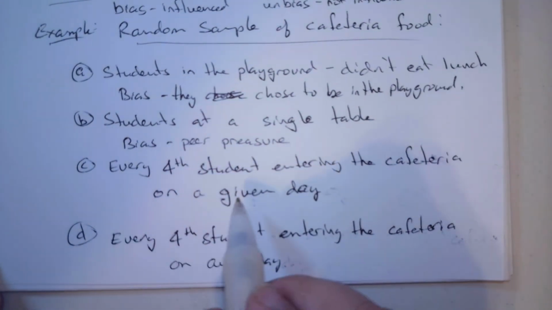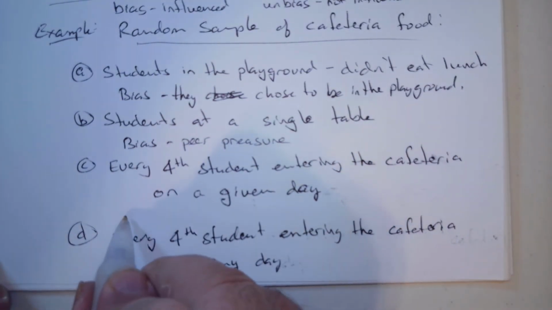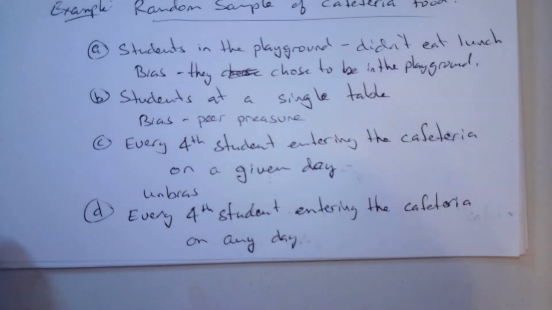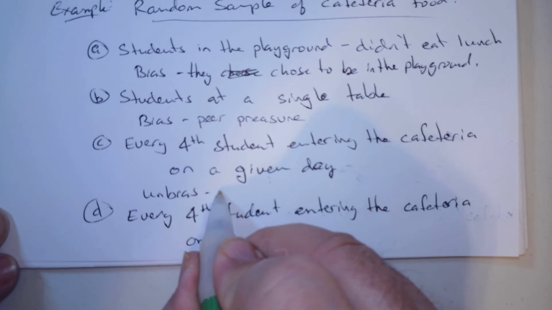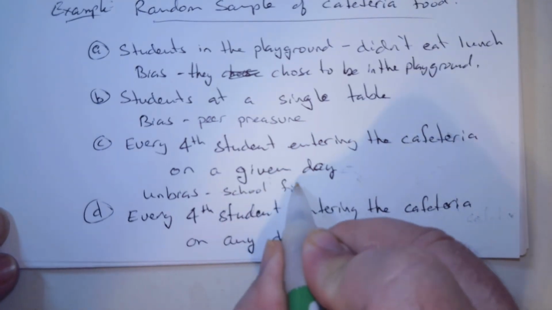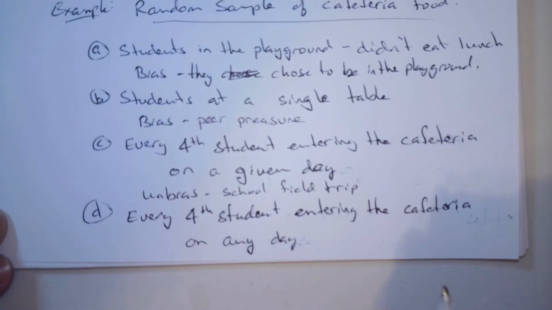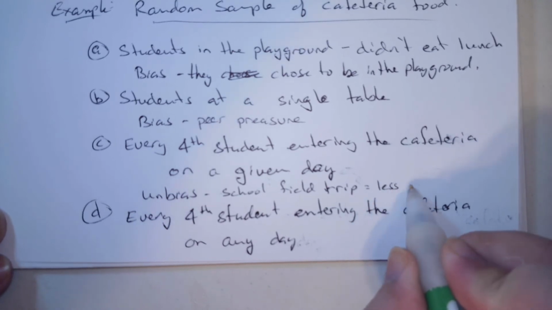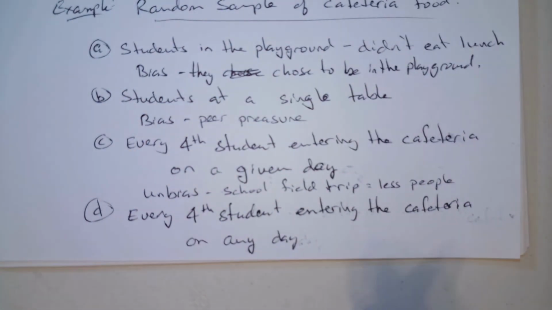How about every fourth student entering the cafeteria on a specific day? Well, this one is unbiased, with limitations. You could have a school field trip that day, then you have fewer people to interview.